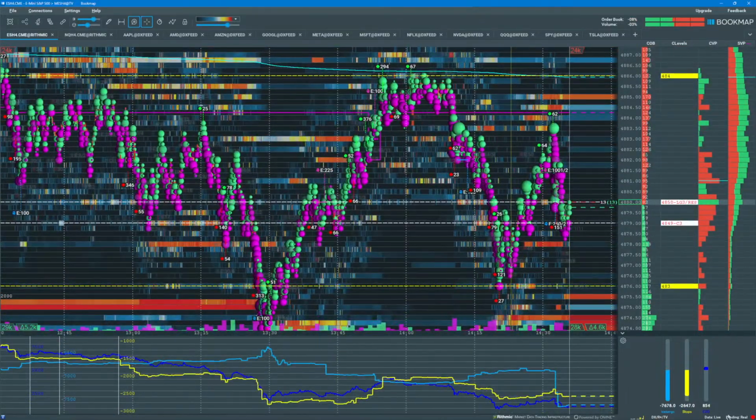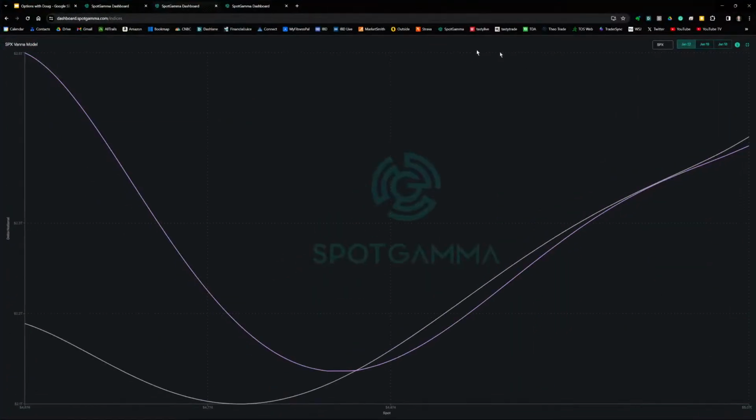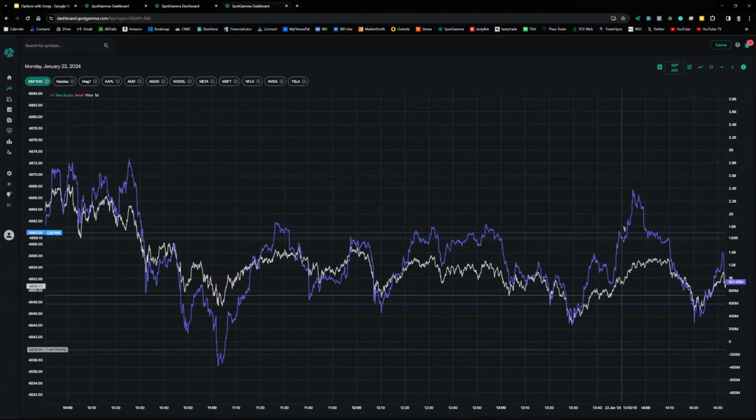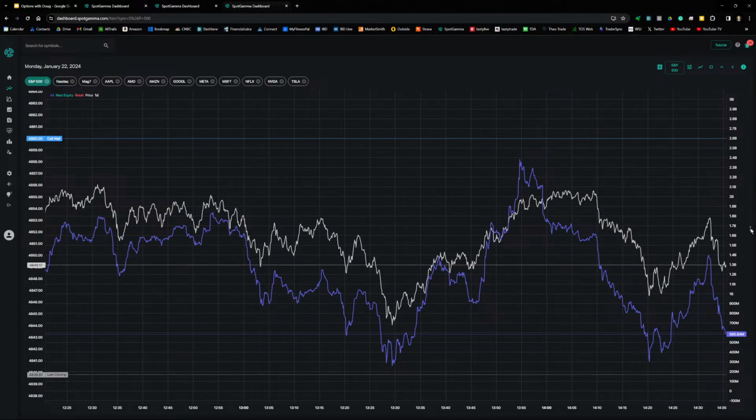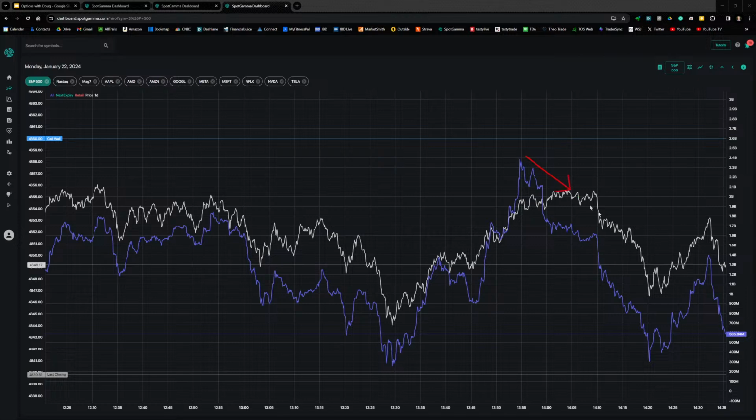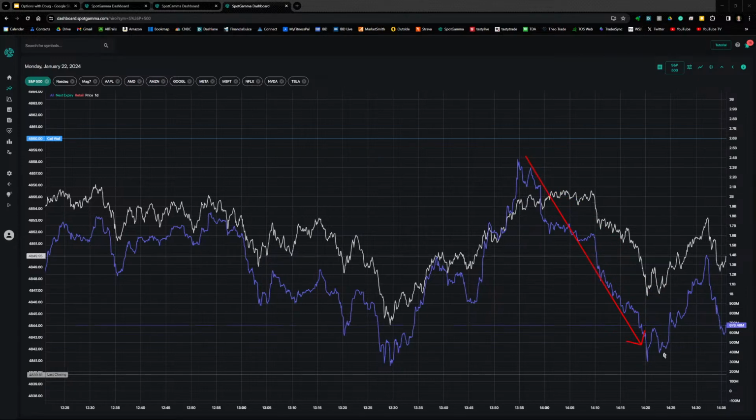Let's go back and take a look at Hero, then I need to wrap it up. Go to Hero, zoom in. Again, note the very strong correlation between hedging flow and price action, up, down.